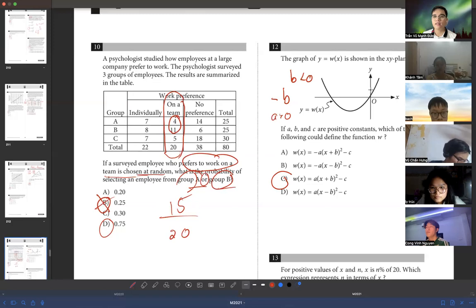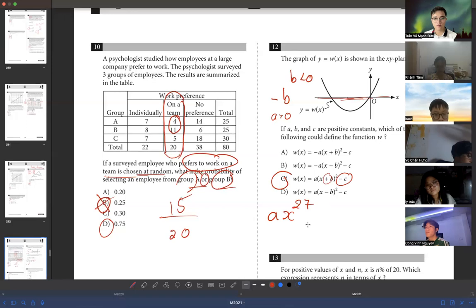And C, you can see that C is below the x-axis, so it will be negative. For any type of polynomial, even a to the power of 27, for example, you can just look at the ending of the graph and see if it goes up or down.